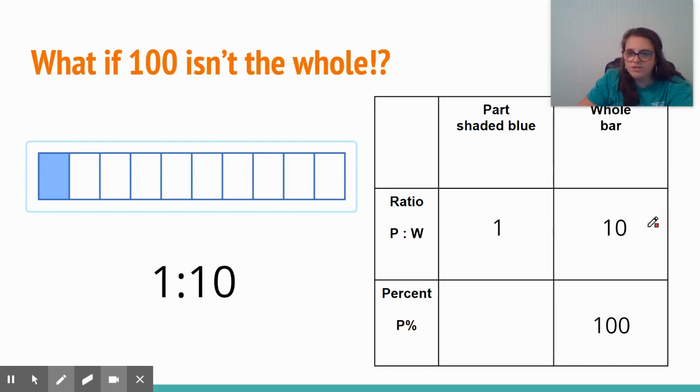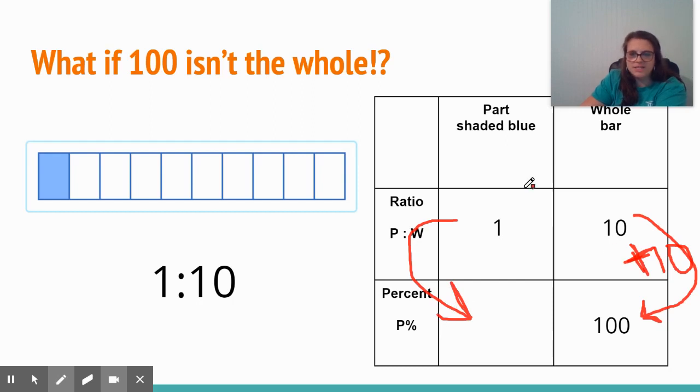I'll do it over here where I have 2 numbers, from 10 to 100. I notice that I'm getting bigger, so I'm going to multiply, and 10 times what gives me 100? 10 times 10 gives me 100. That kind of looks like an addition, but I promise it's a multiply. Whatever you do to one side, you have to do to the other.